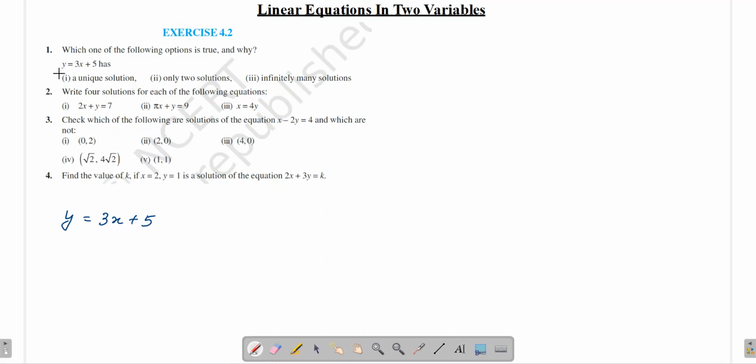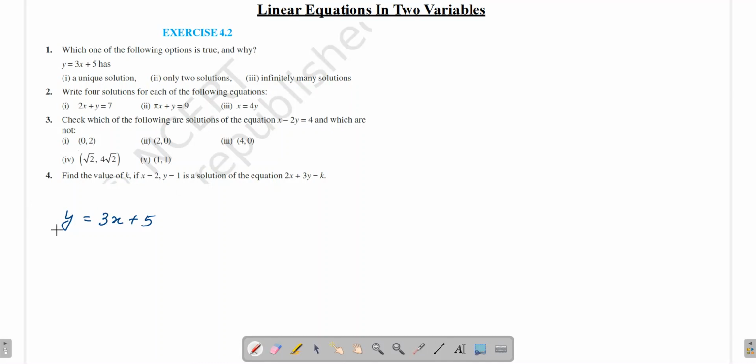So unique solution means this equation has only one solution. Only two solutions means the equation has only two solutions. And then the third option says infinitely many solutions. That means you can find as many solutions as you can. So which one is true?